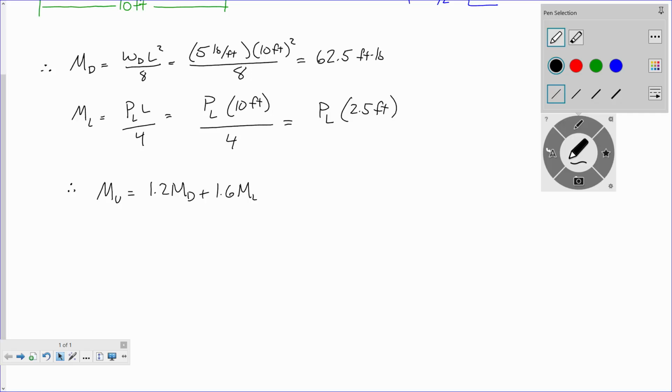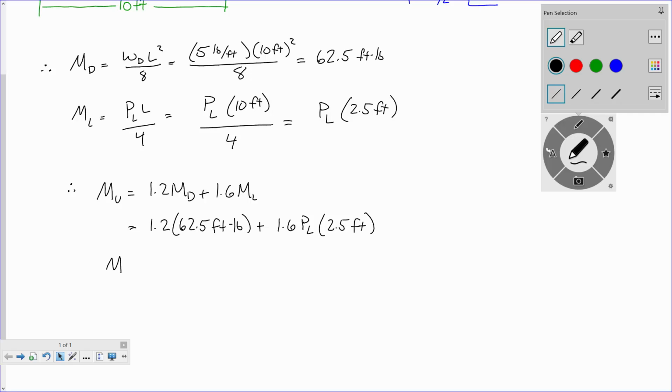Fair statement? All right. So 1.2 dead plus 1.6 live, that is 1.2 times 62.5 foot-pounds plus 1.6 P sub L times 2.5 feet.